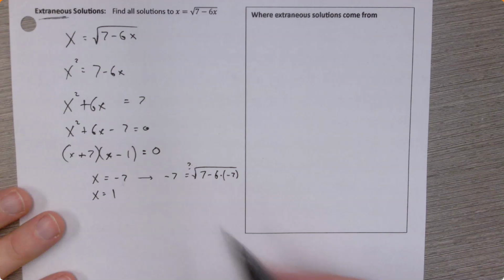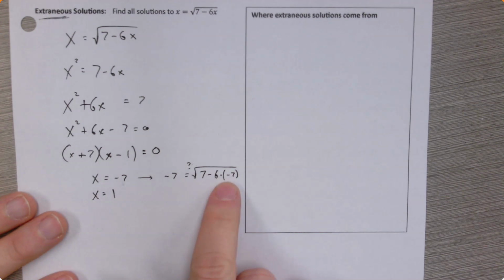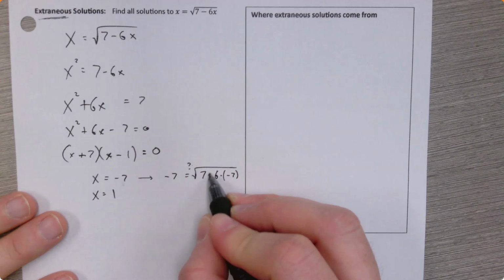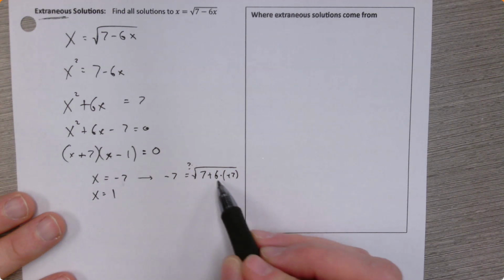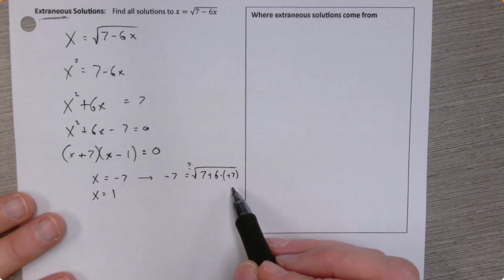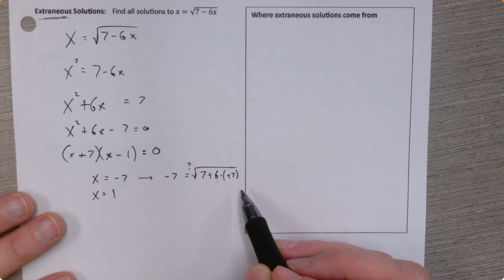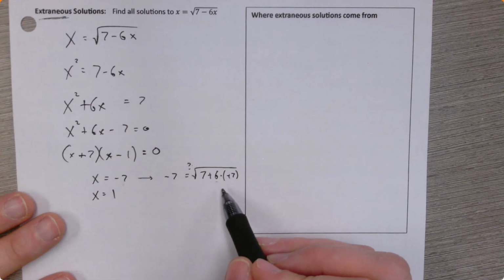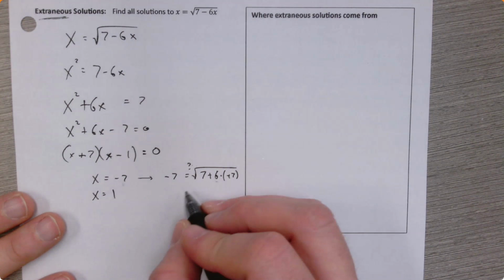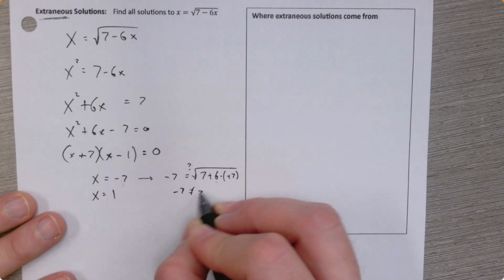Okay, so because I have a negative sign here, let's have those undo each other. So I've got 7 plus 6 times 7 is 42. So 7 plus 42 is 49. Square root of 49 is positive 7. So negative 7 is not equal to positive 7.